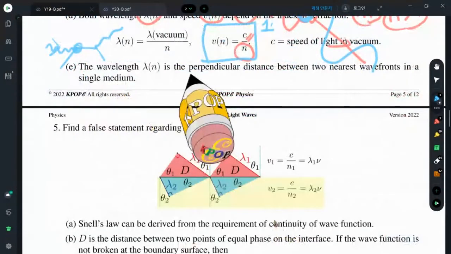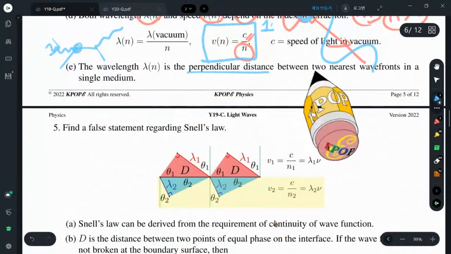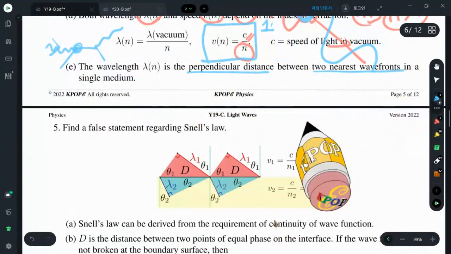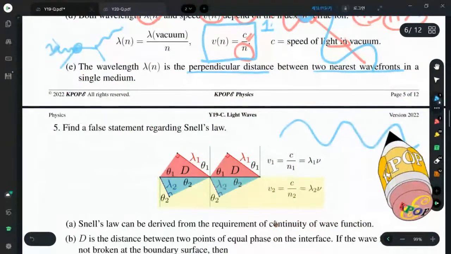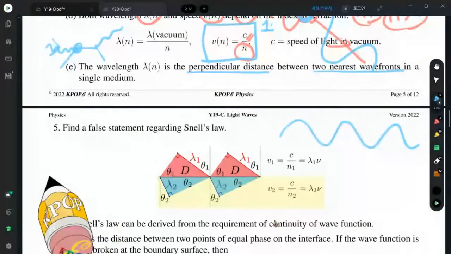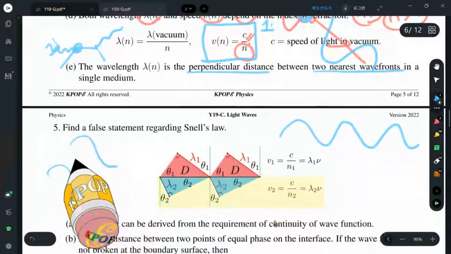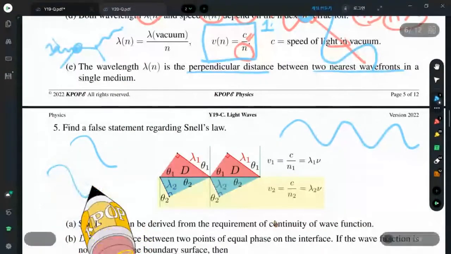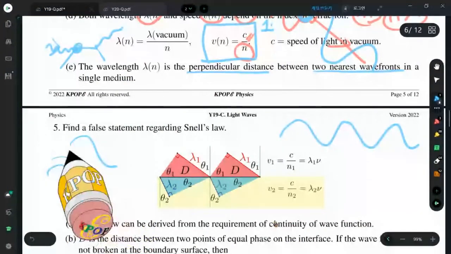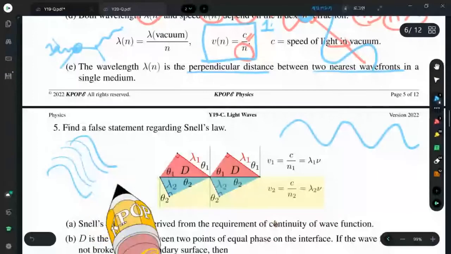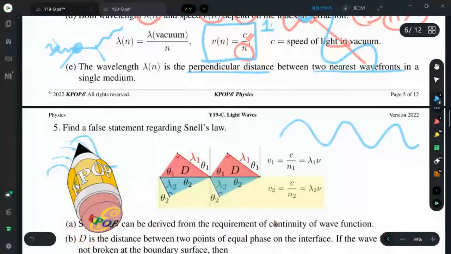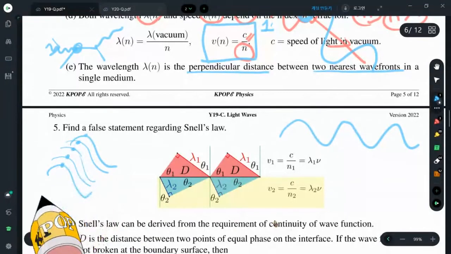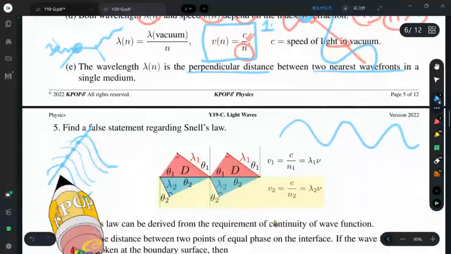So wavelength is the perpendicular distance between two nearest wavefronts. Okay, this is a light wave, but actually a light wave is widely propagating altogether. So they are traveling like that, and these points are of the same phase, identical phase.